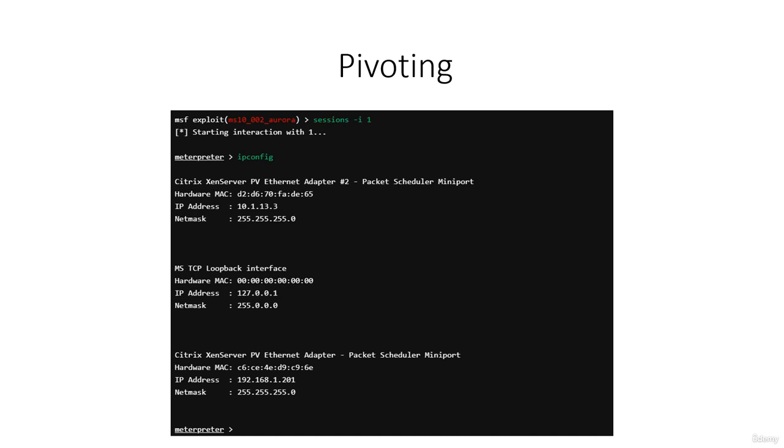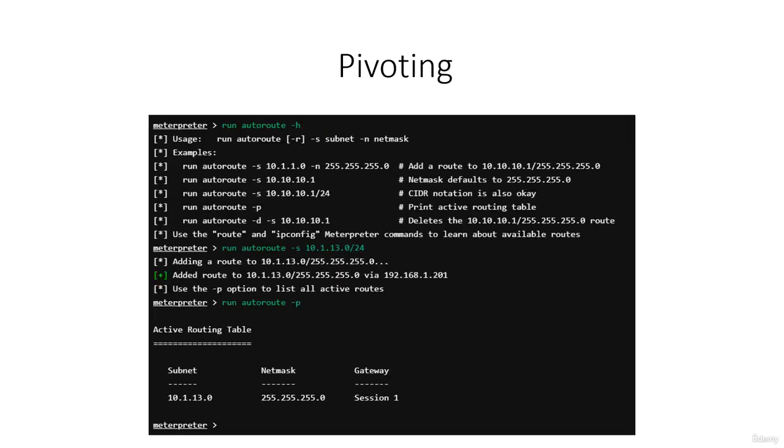machine. Just as you can see, as I told you, just type ipconfig, and this is the second session, as I told you about the second network through our first compromised machine.